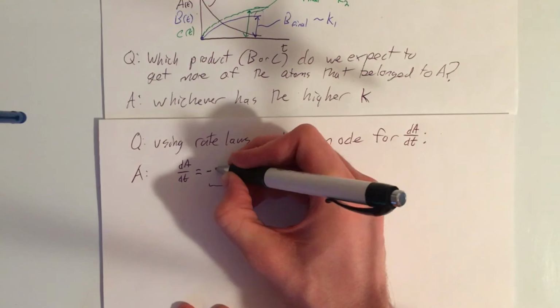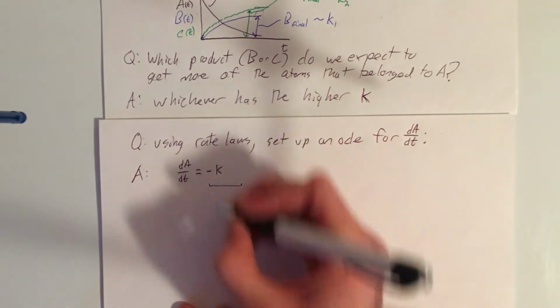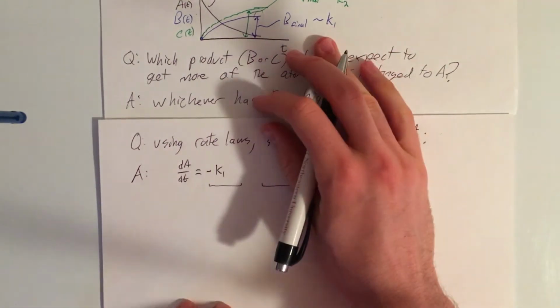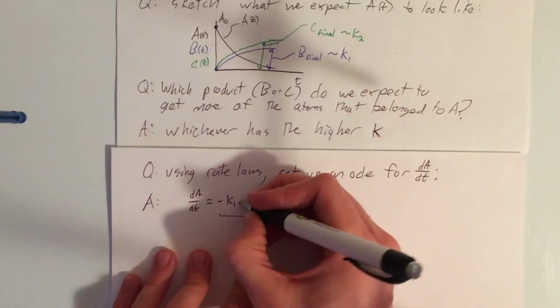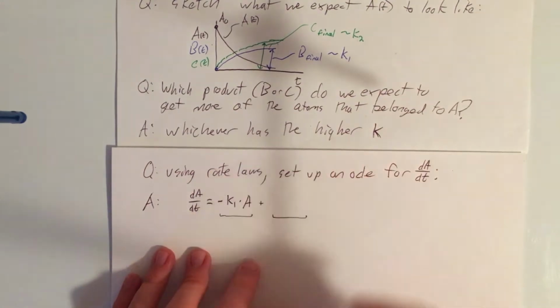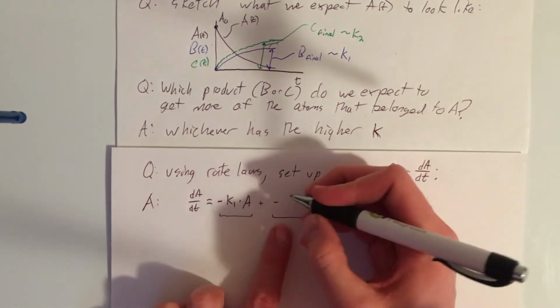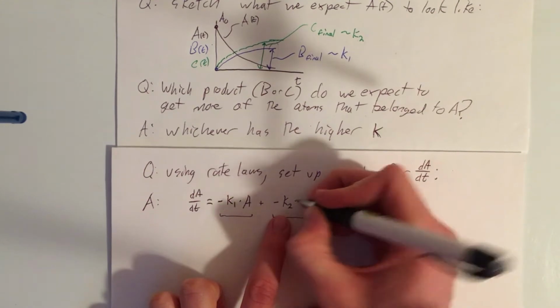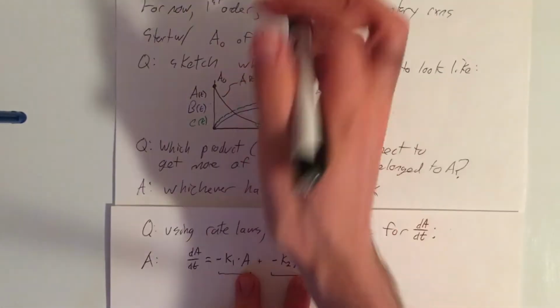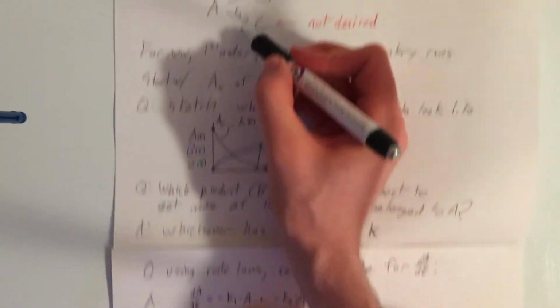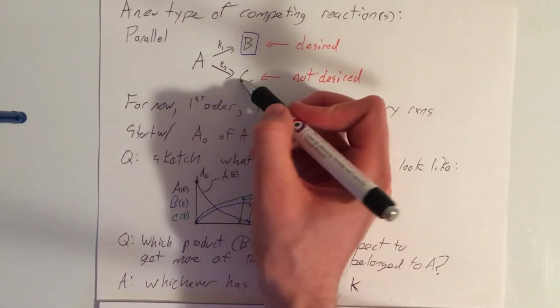So from our first source will be minus K1, and this is A going to B, so it's going to be minus K1 times A. And then from our second source, it's going to be minus K2 times A. Now, why are these A's here? Well, the A is still the reactant in both of these reactions.